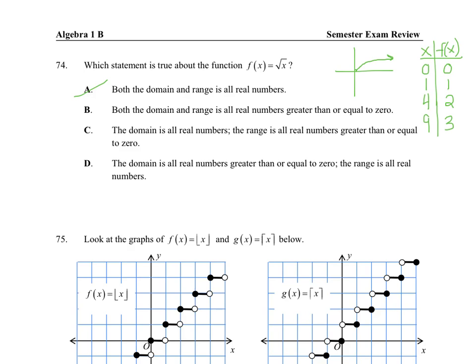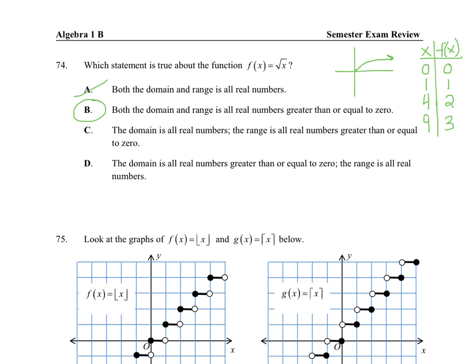Statement B says both the domain and range is all real numbers greater than or equal to 0. Well, we can see with our domain, we start at 0 and it works, and it's all real numbers greater than or equal to 0. But we can also see that with our range. Our range starts at 0 as well, and it goes up, albeit slowly, but it still goes up. So this is a true statement.